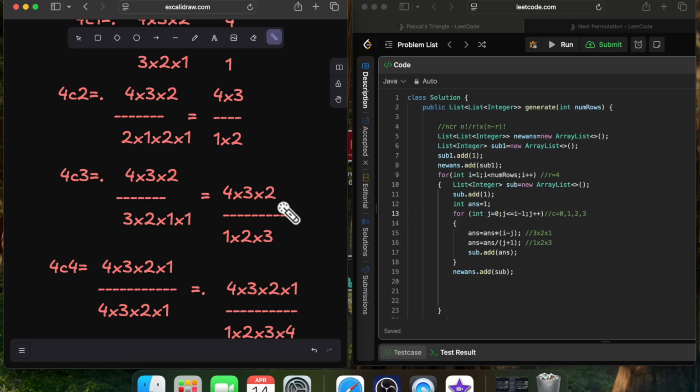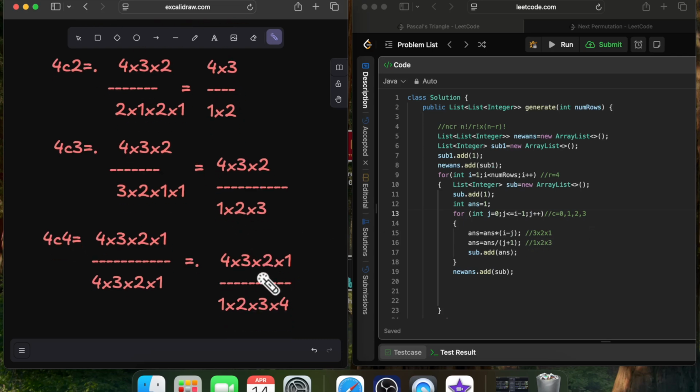Now again I am doing r minus j, 4 minus 2 will become 2, and j plus 1, 2 plus 1 becomes 3. In this way it stores all the answers in my subarray until the last new answer, and one row will be completed. Again the for loop will run, and it repeats the same process.